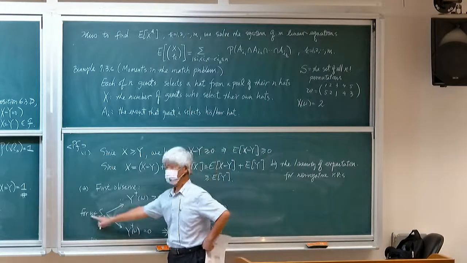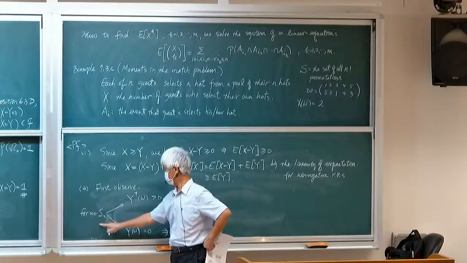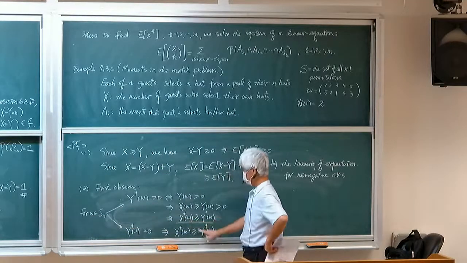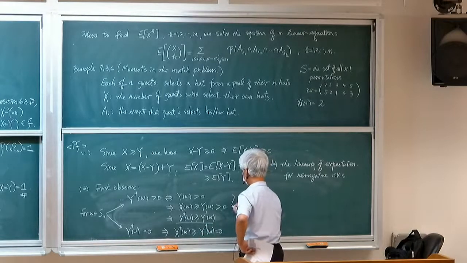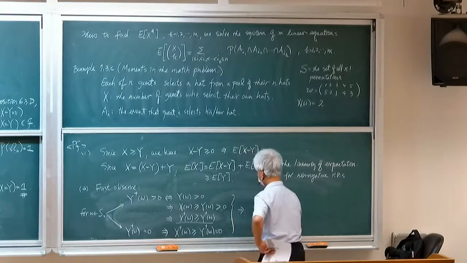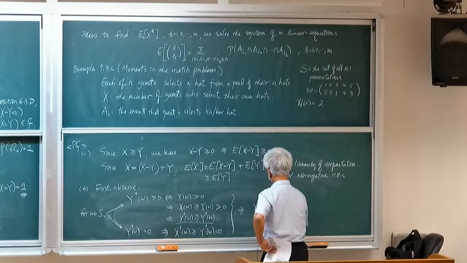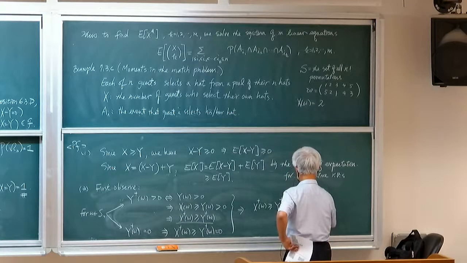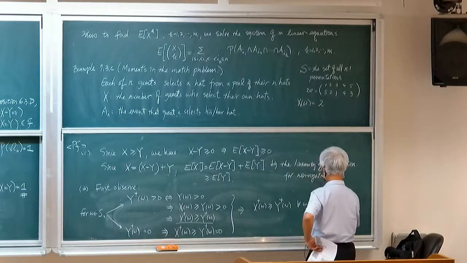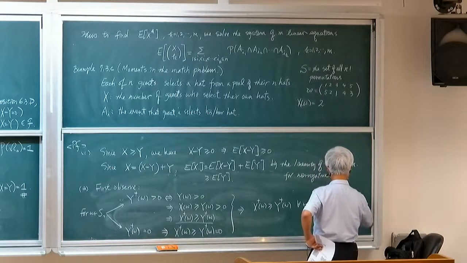So for any omega in the sample space, we arrive at the same inequality. So together, x is greater than or equal to y implies x plus is greater than or equal to y plus.